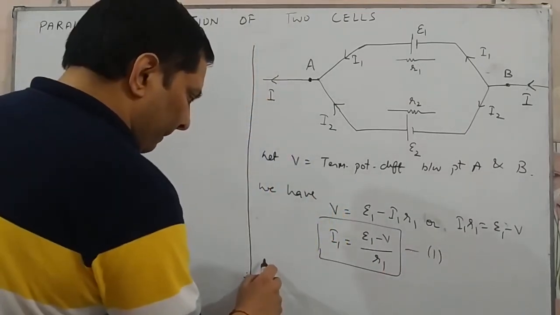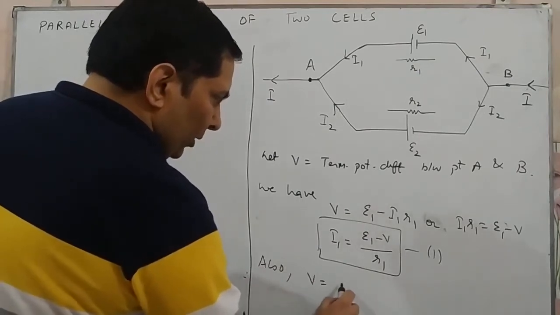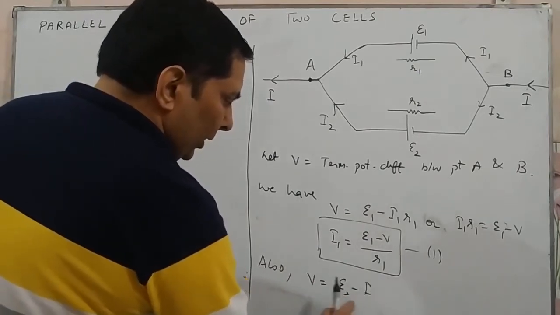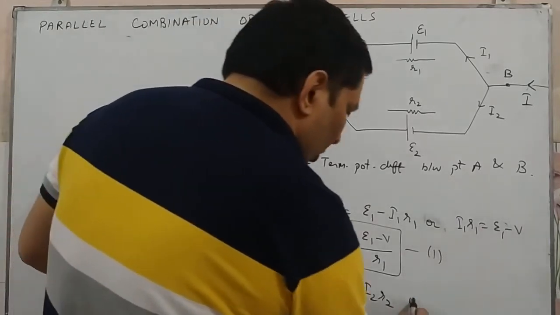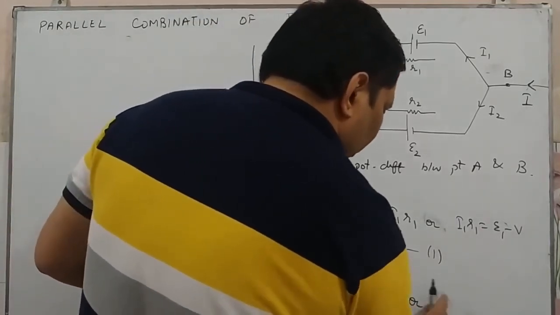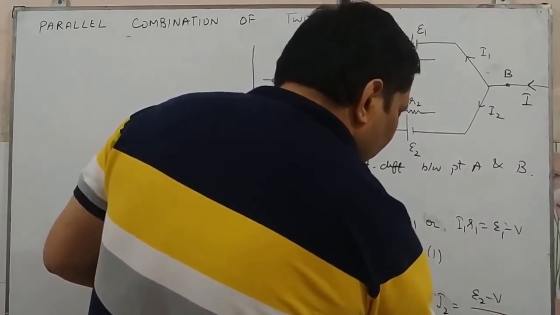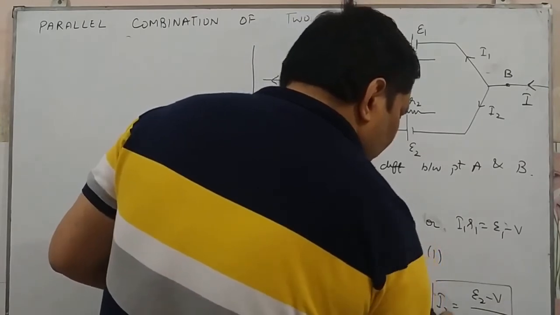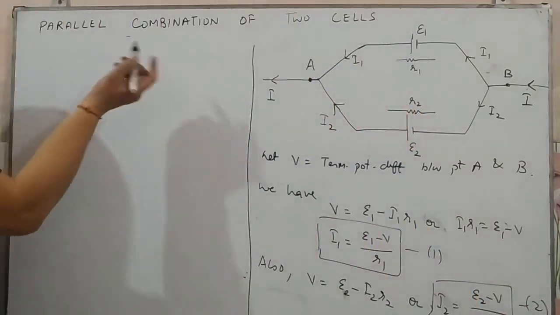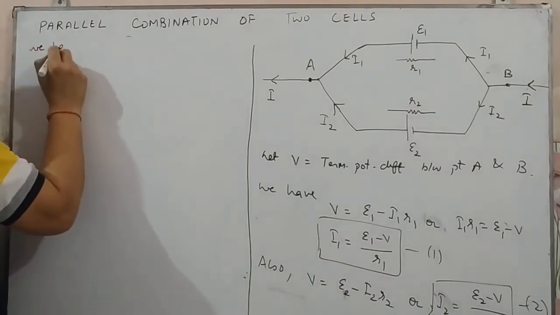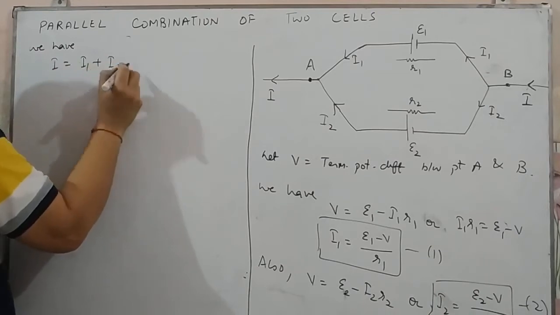Similarly, for the second cell, V equals E2 minus I2 R2, so I2 is equal to E2 minus V divided by R2. This is relation number 2. In this case, the total current I is equal to I1 plus I2.